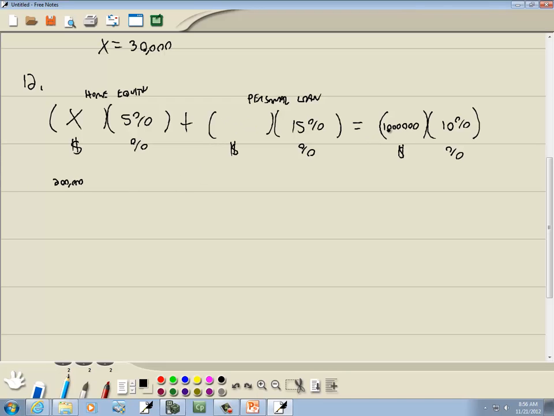We have 1 million total. This is 200,000. Well, if I took 1 million minus the 200,000, that would give us 800,000. So if this is 200,000, this would be 800,000. They would add up to 1 million.